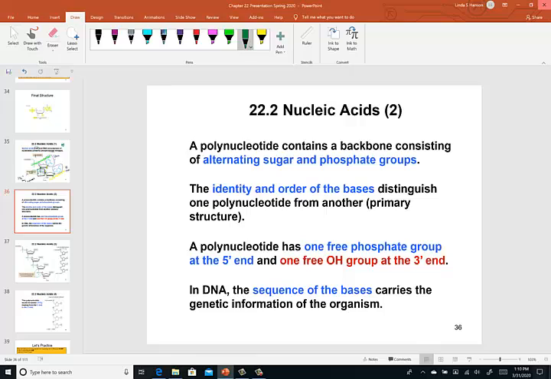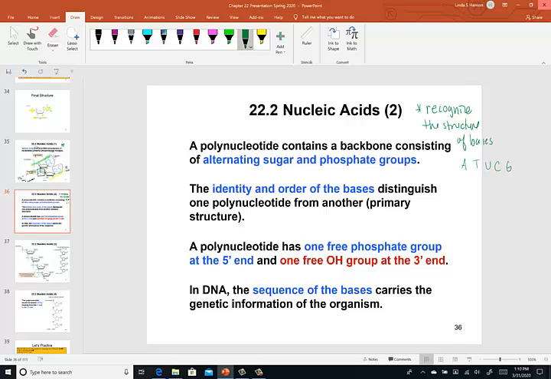And remember, I've said it's so important to be able to recognize the structure of the bases. I said that in my first lesson, that you need to be able to tell me what the structure of all of these bases looks like. In other words, adenosine, thymine, even uracil, cytosine, guanine, those are the 5 bases. You need to be able to recognize those structures by name.